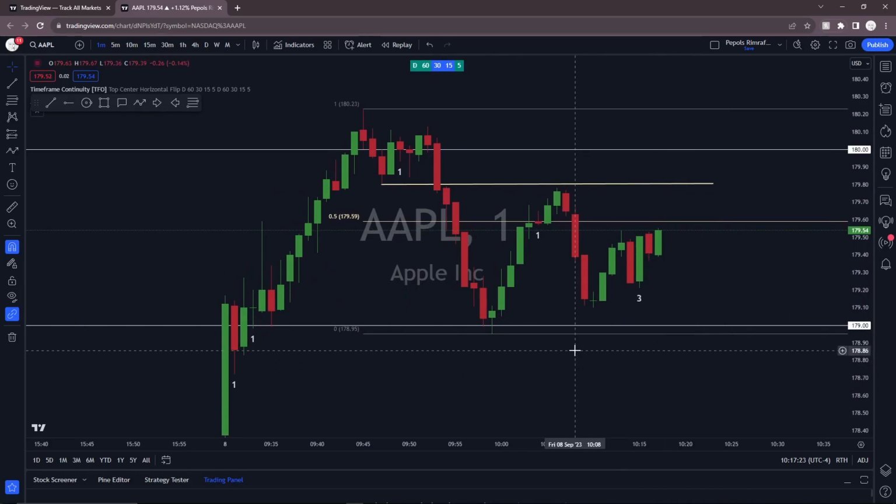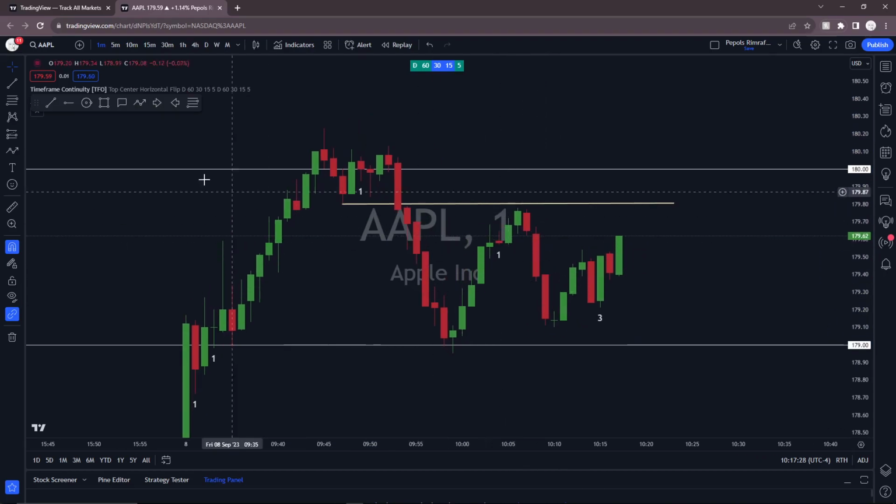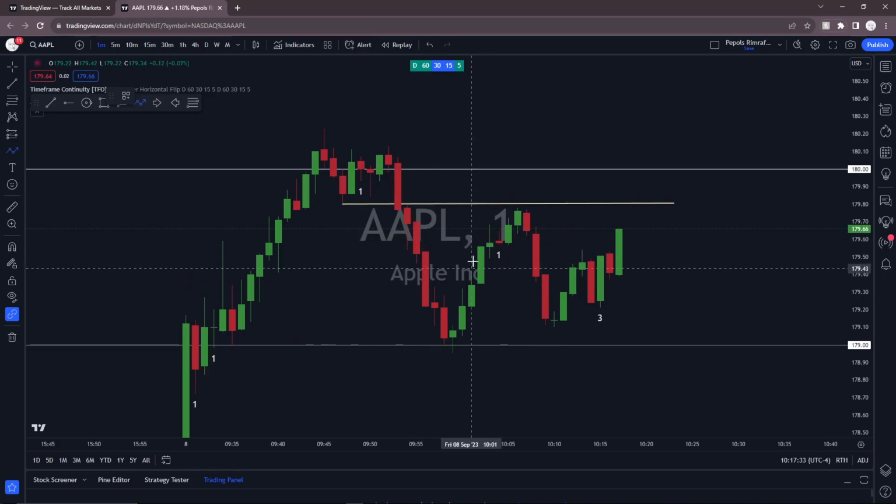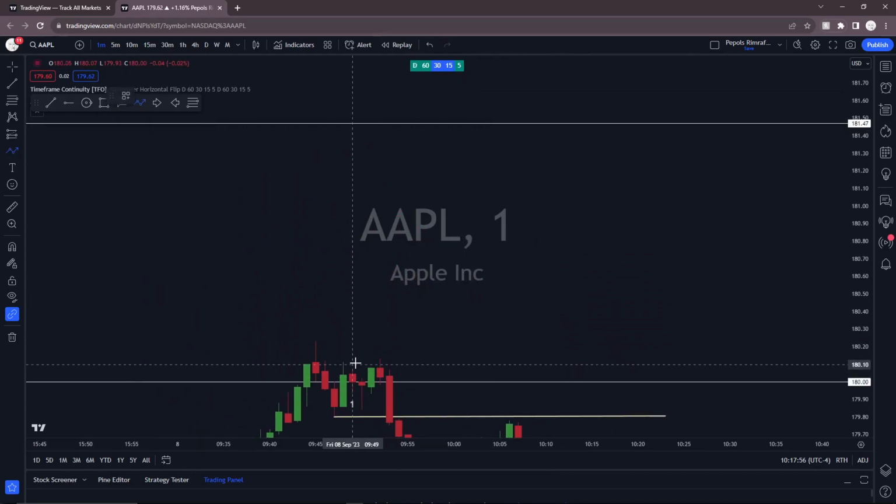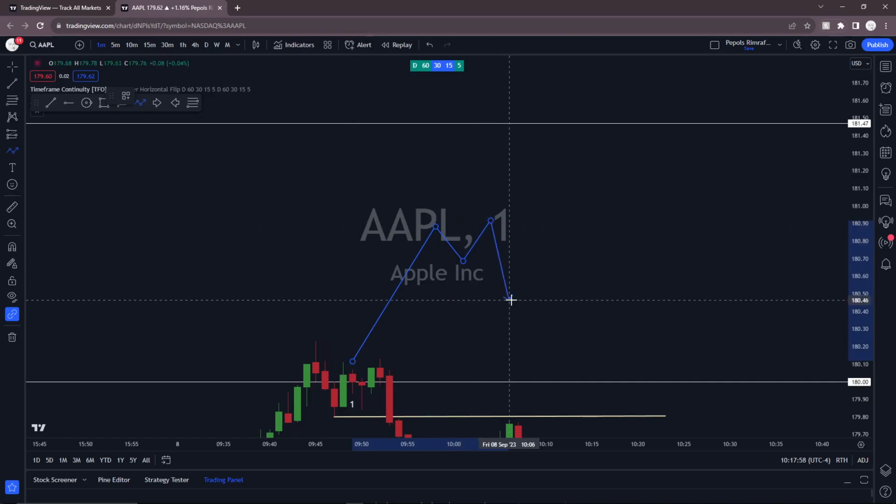So what I was being conscious of is, okay, well, no, sorry, we haven't had a change in structure. So right now on the 1, we've broken a low, we've made a lower low, and we are bouncing, but what are the chances that we just skyrocket through today's high without making a higher low, or we could still make a lower high, which is what we did, because what you really want to see is this change of structure.